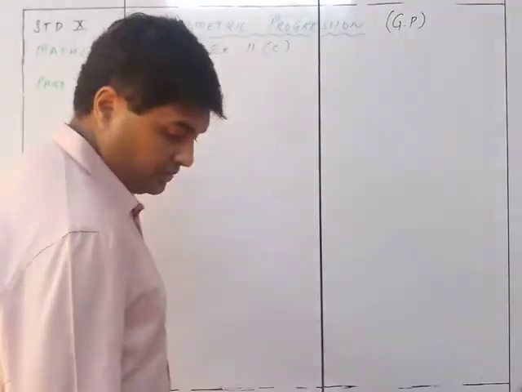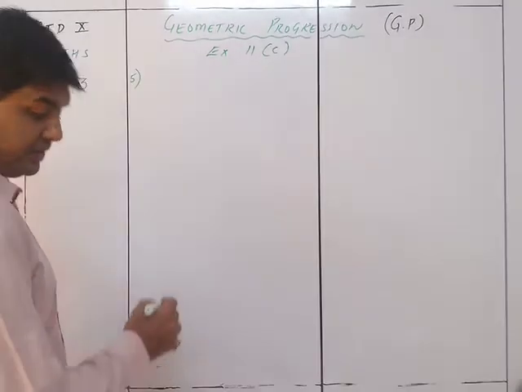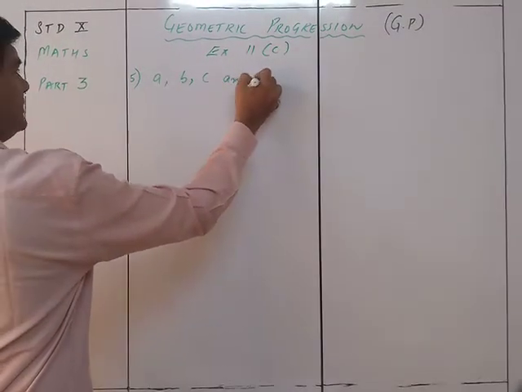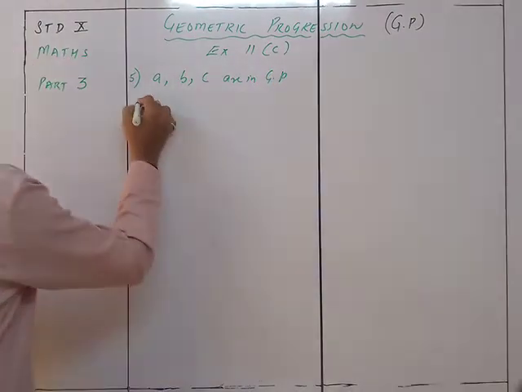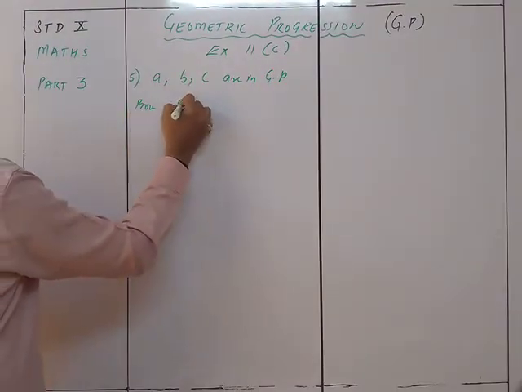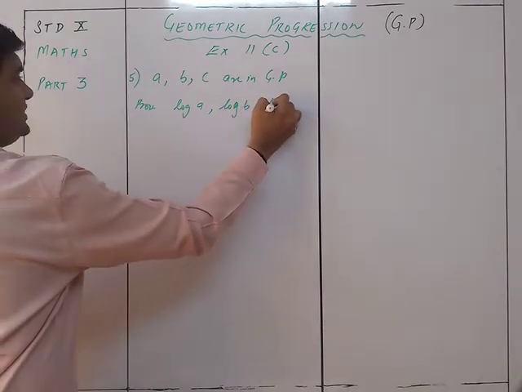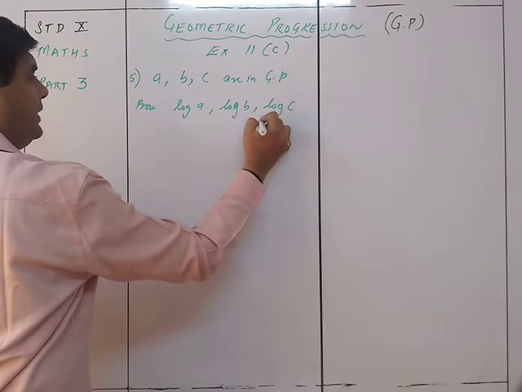So you have over here A, B, C are in GP. Prove log A, log B, log C are in AP.